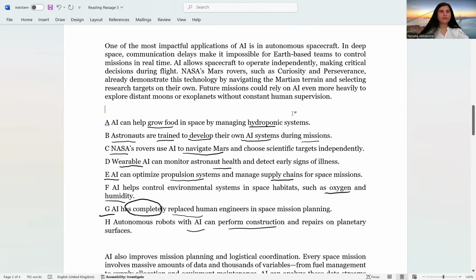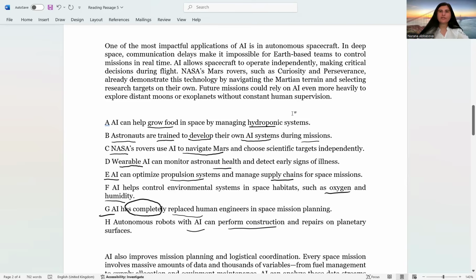Second paragraph, paragraph B, let's say. One of the most impactful applications of AI is an autonomous spacecraft. In deep space, communication delays make it impossible for Earth-based teams to control missions in real time. AI allows spacecraft to operate independently, making critical decisions during flight.